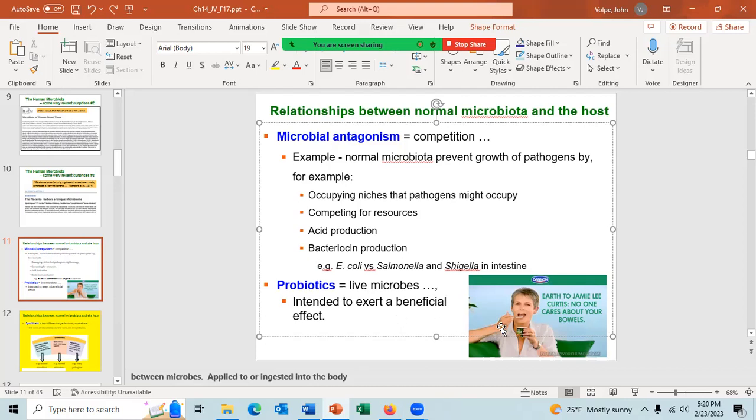And if you don't know, eating yogurt regularly with live microbes in it, and most yogurt does have live microbes in it, reduces the chance that a person will get a yeast infection. Any question about any of that? It's particularly true of women, but it's also true of men.